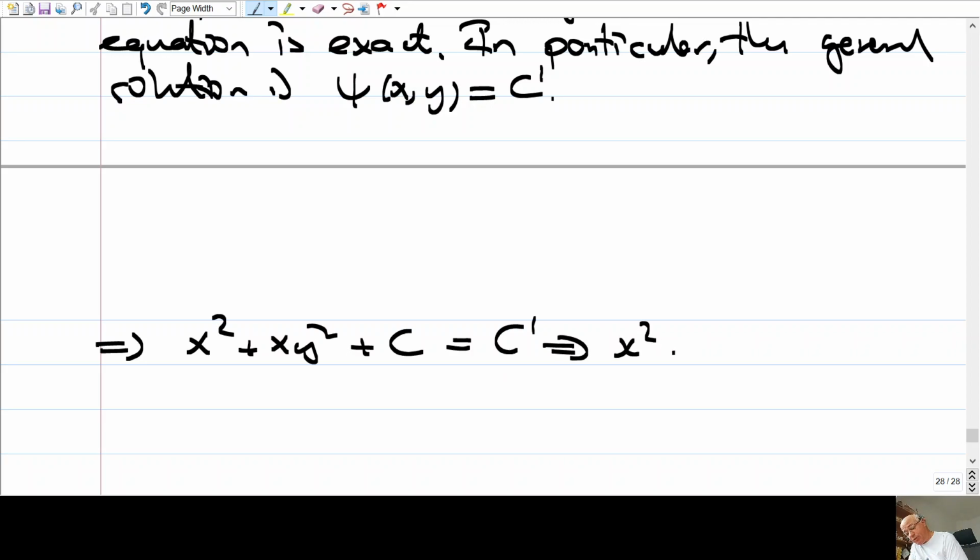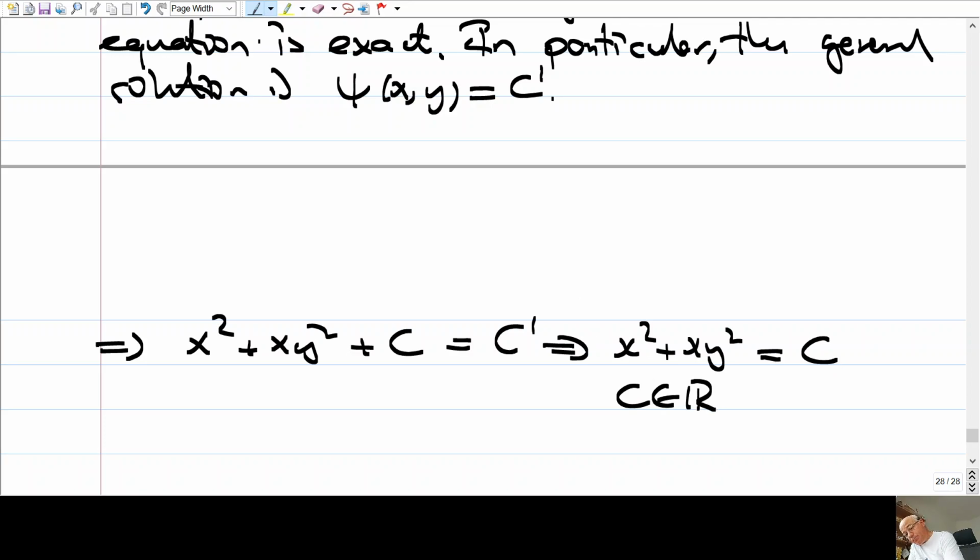Therefore, I can just write it like this, c double prime maybe, but well, let's just make it c. So this is my solution, and here c is any constant.